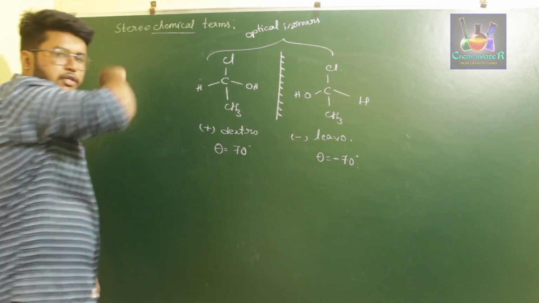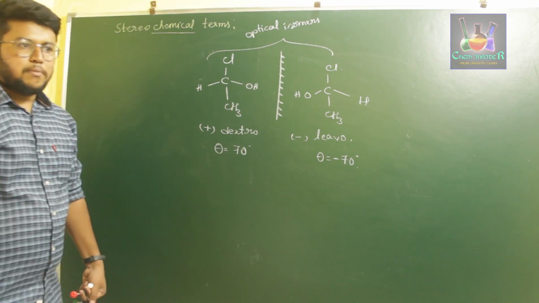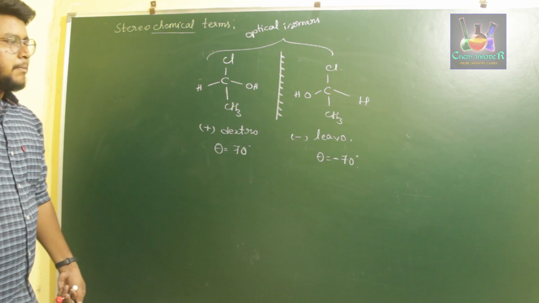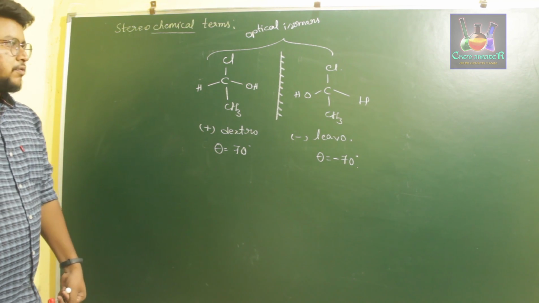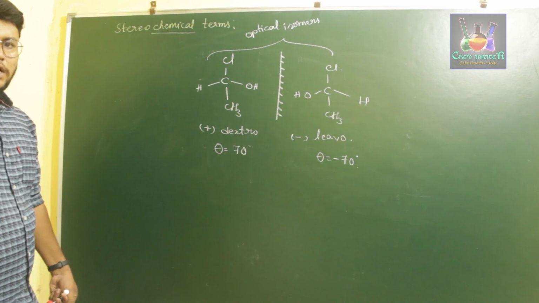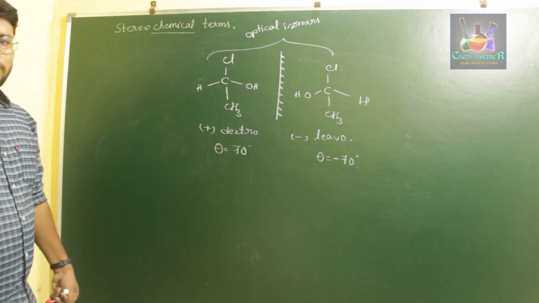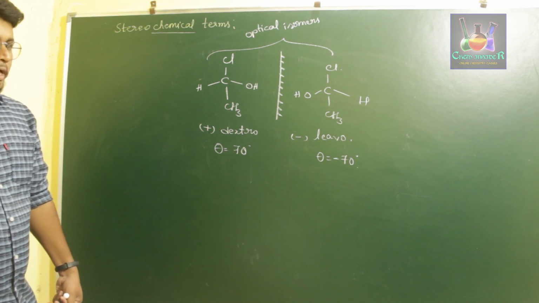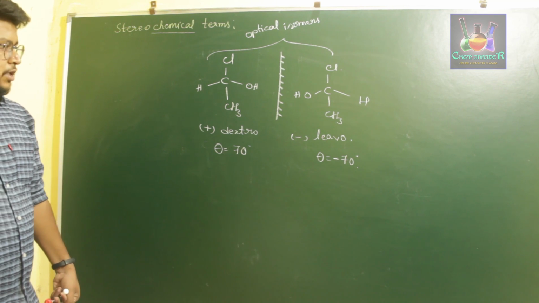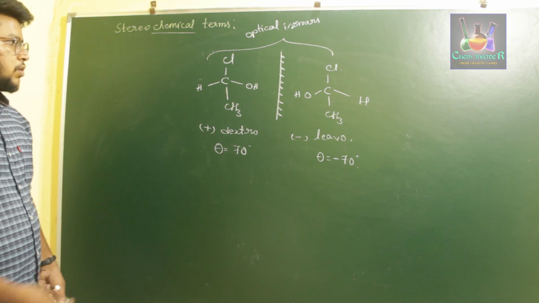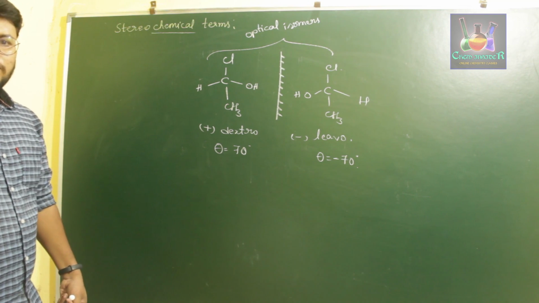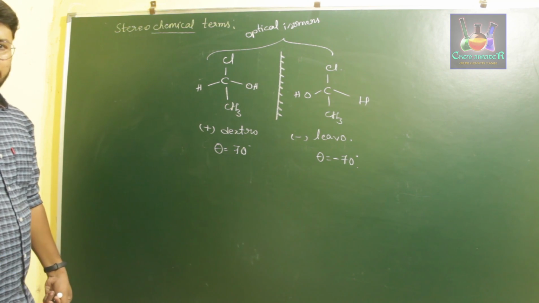So optical isomers are compounds which have the same molecular formula but differ in the spatial arrangement of the atoms attached to the carbon atom, and they rotate the plane polarized light in different directions. One rotates in the dextro form and the other rotates the plane polarized light in the levorotatory form.